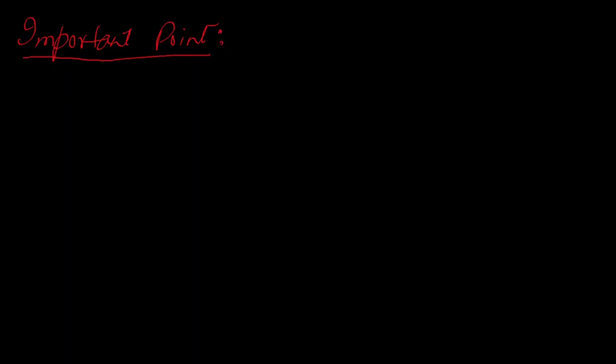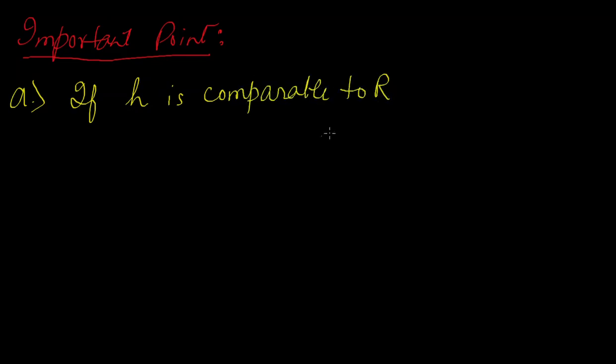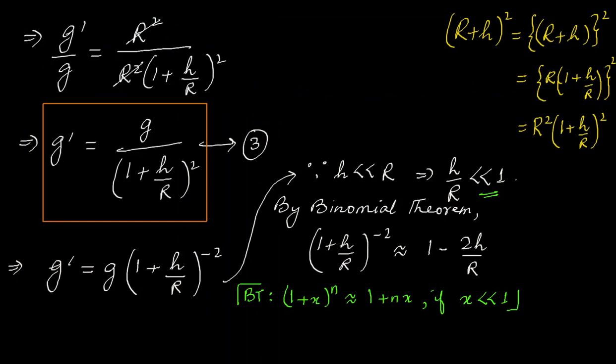Now the first point here: if h is comparable to R, the radius of the earth, then which equation is used? Let me have a look. Yeah, that one, equation 3 is used.